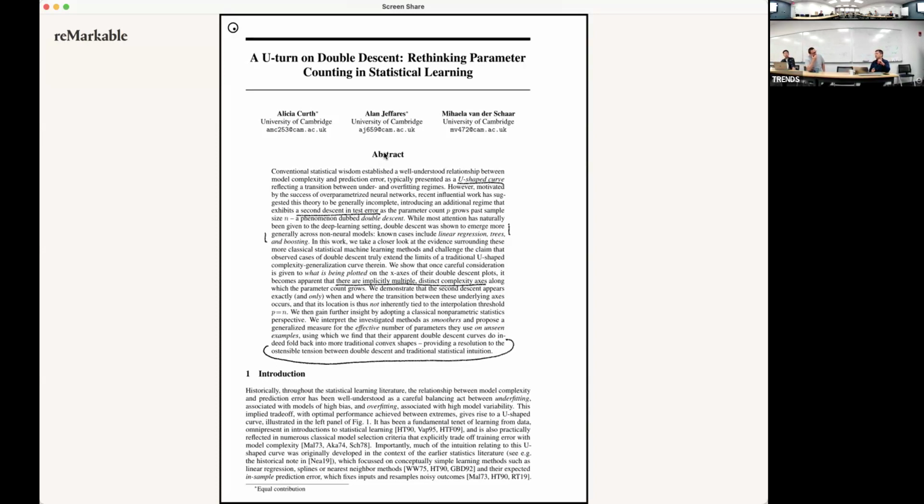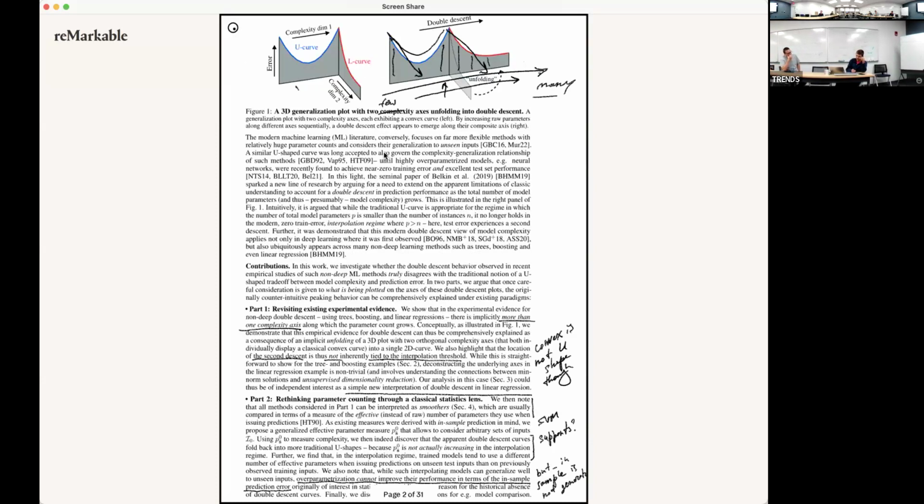They show that there are two classes of parameters in the double descent curve. That's how they, in this figure, distinguish them. And in both of those classes of parameters for those models, if you consider them separately, you still have classical statistics that hold, conventional wisdom that holds.